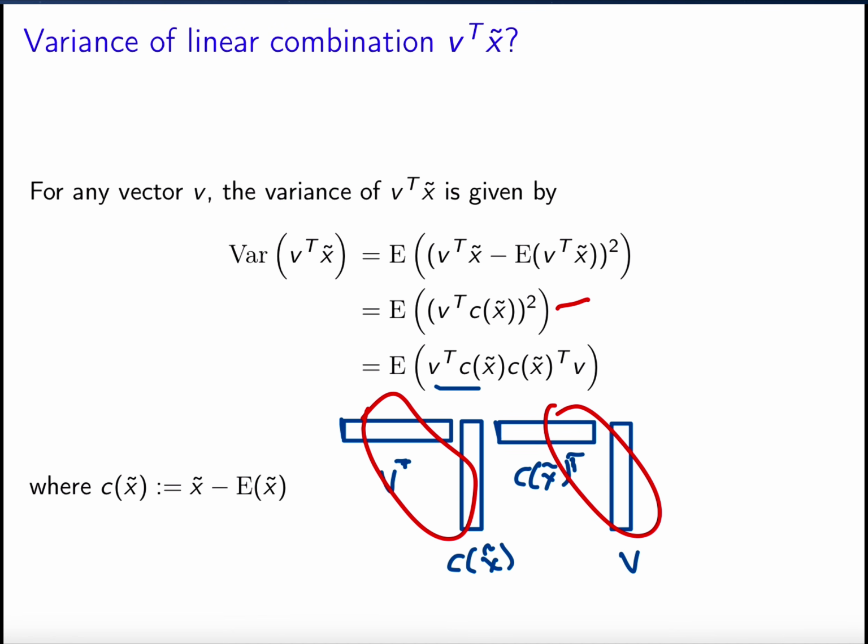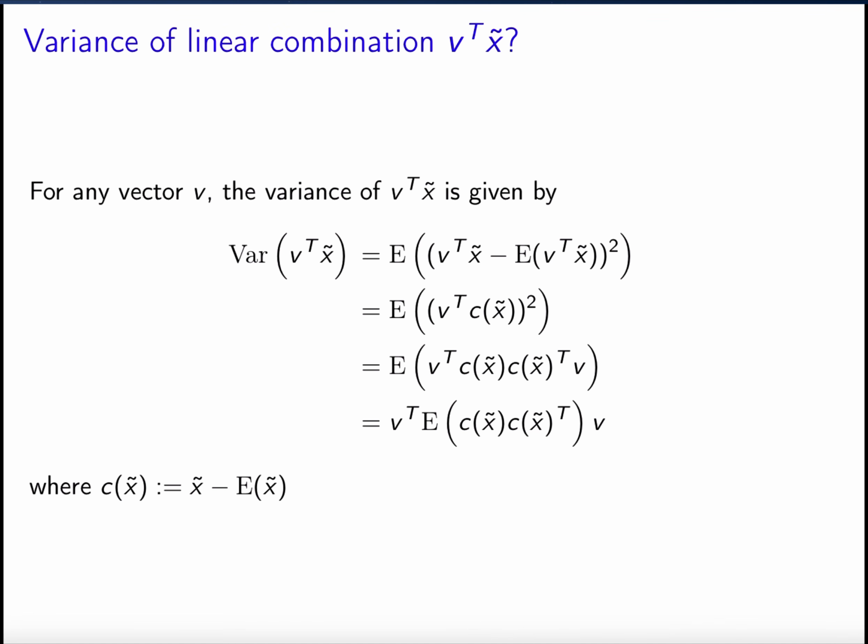The cool thing about writing it like this is that now we have a quantity here that is a matrix that only depends on X. And as we will see, the expected value of that matrix is what we are going to define as the covariance matrix. So now, by linearity of expectation, remember this is a matrix that is the outer product of the centered random vector.